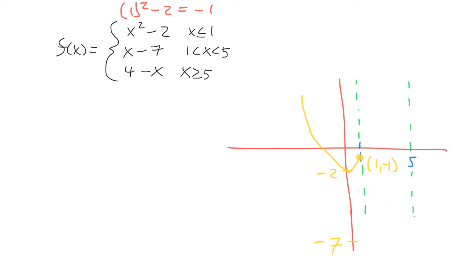But this line is only taking place between the x values of 1 and 5. So hypothetically or theoretically, it would cut through that, but it only would actually start here and then go up. So that line would look something like this. Now, let's be very clear. It's x is greater than 1 and less than 5.